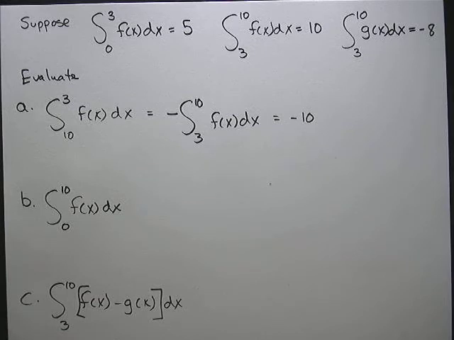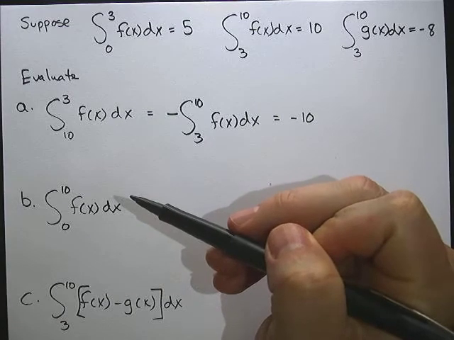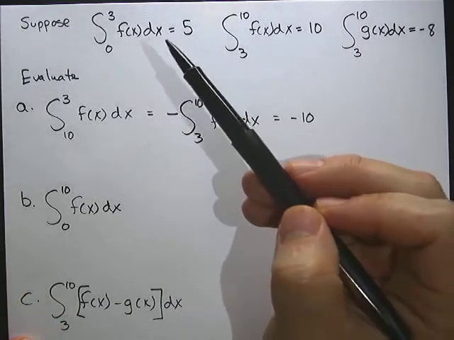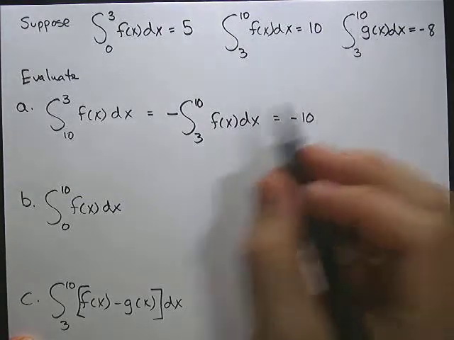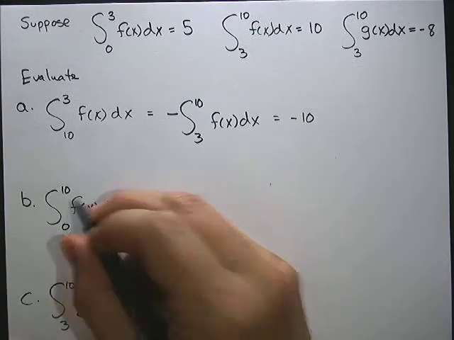Okay, B, the integral from 0 to 10 of f of x dx. You have two separate integrals up here that combined give you this integral. We have the integral from 0 to 3 of f of x, that gives us 5, and the integral from 3 to 10 of f of x gives us 10. So we could split this up. You can always split up integrals like this in any fashion that you want.